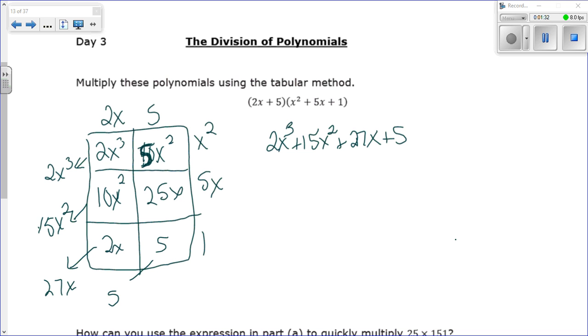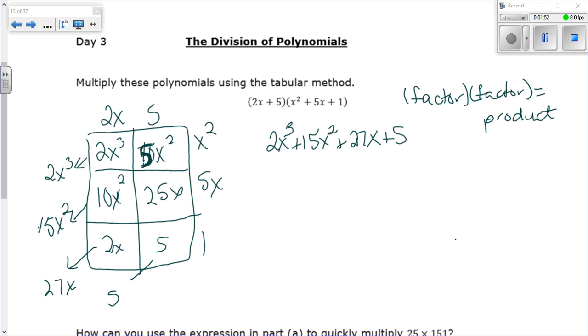So what we have up here on the top is a factor times another factor, and that equals the product. So those terms should be familiar to you: factor, factor, product.